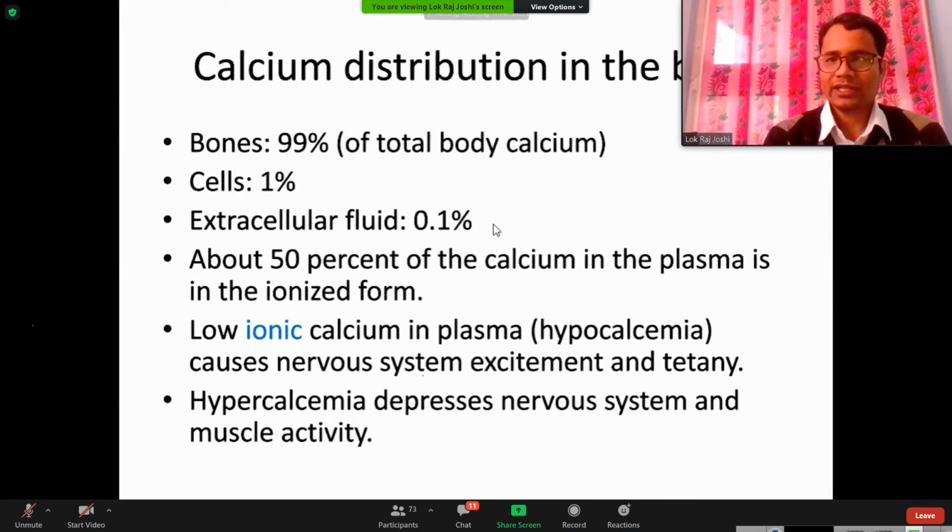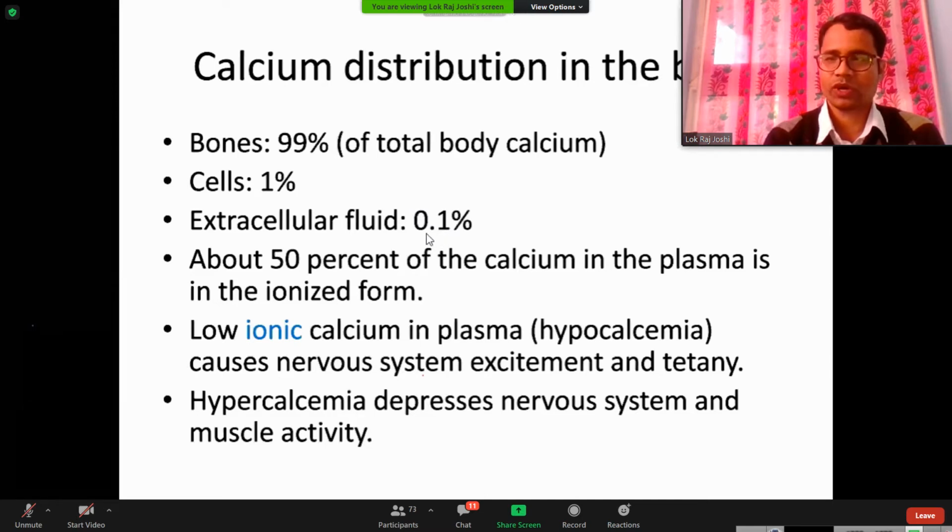Now, when we say calcium regulation, mainly the parameter that is regulated is in the extracellular fluid. The physiological regulatory mechanisms that regulate calcium level mainly sense the change in extracellular fluid. Therefore, the most important one here, from the regulatory viewpoint, is extracellular fluid calcium.